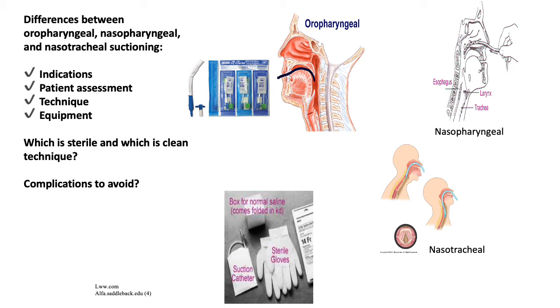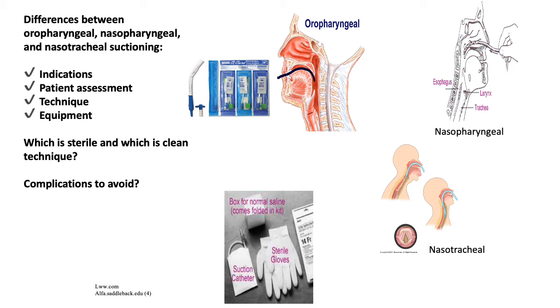The way that this is done will be applicable for all types of suctioning that we mentioned. You want to sit your patient in a semi or high Fowler's. This is going to be the position for optimal lung expansion. Assess their vital signs, do a focused respiratory assessment, make sure you check pulse ox and leave the pulse oximeter on so that you can monitor the patient throughout the process.